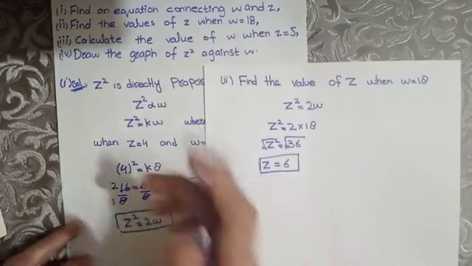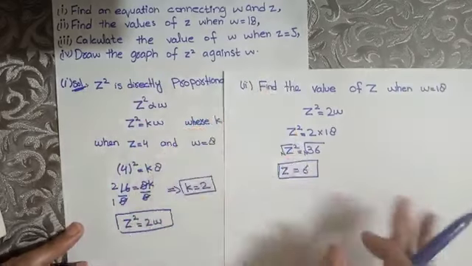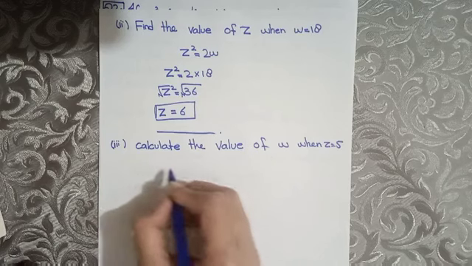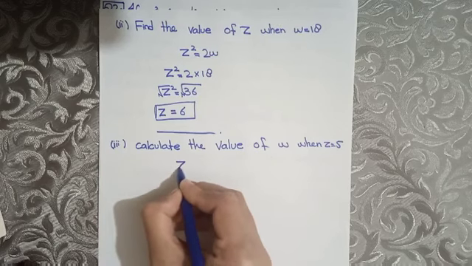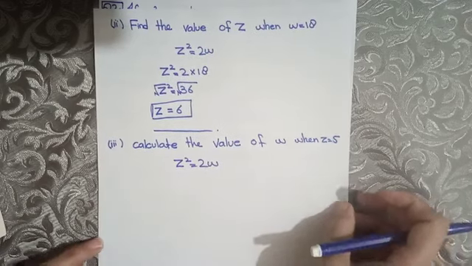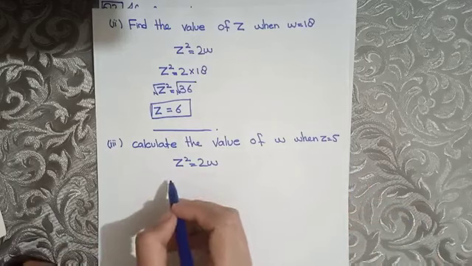Third part of this question, calculate the value of w when z is equal to 5. Now we will use the same equation, z square is equal to 2w. We have been given the value of z is equal to 5.